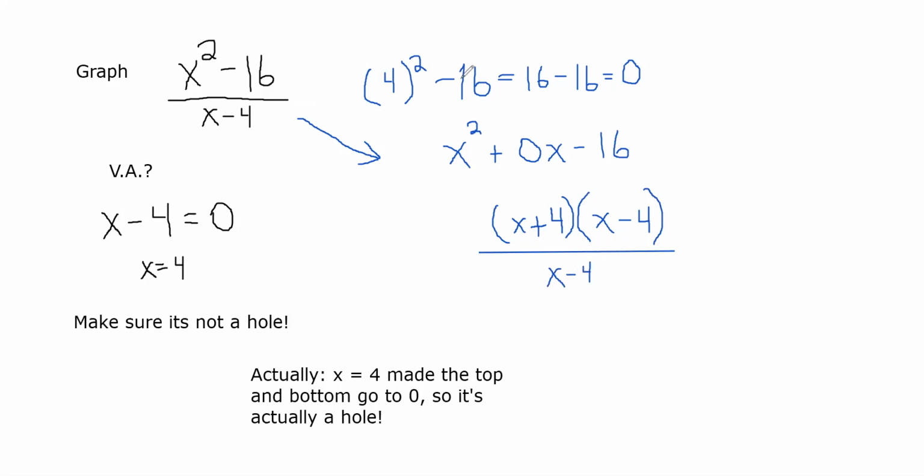So look what happens. We get cancellation. The x minus 4 factors can cancel with each other. Now that doesn't mean, though, that this hole we found is no longer an issue. It's still an issue.